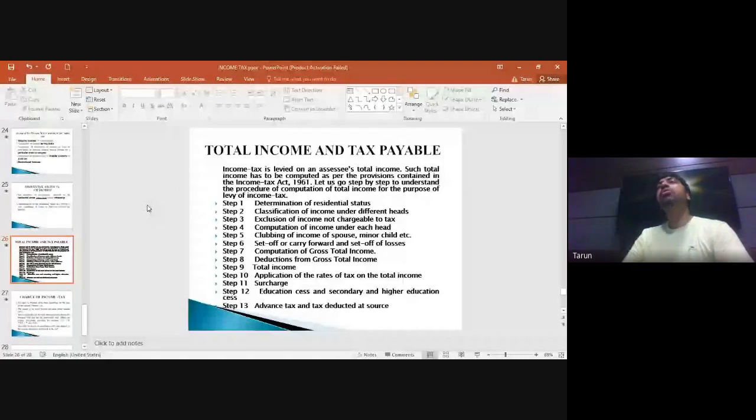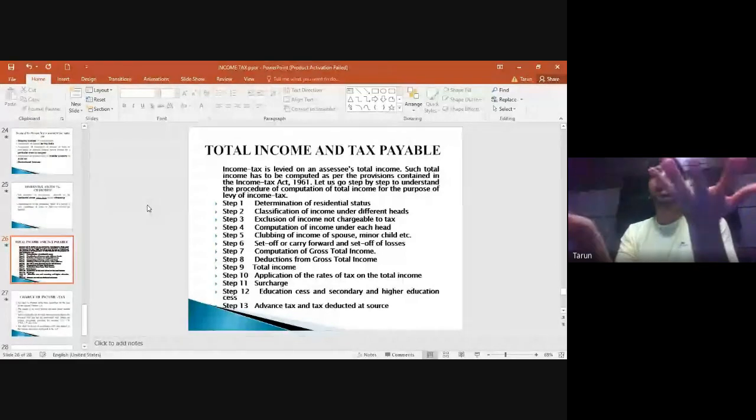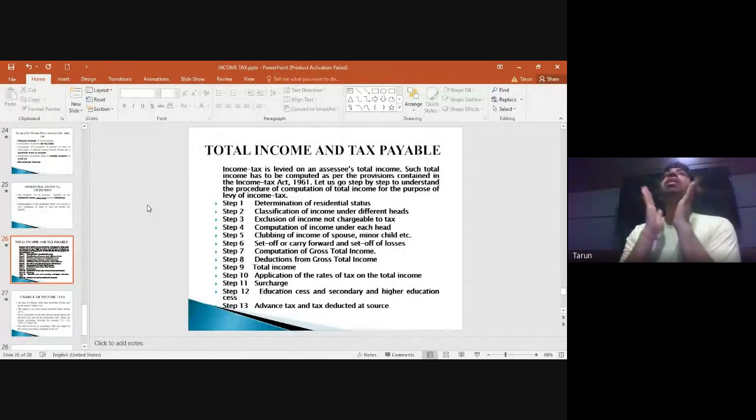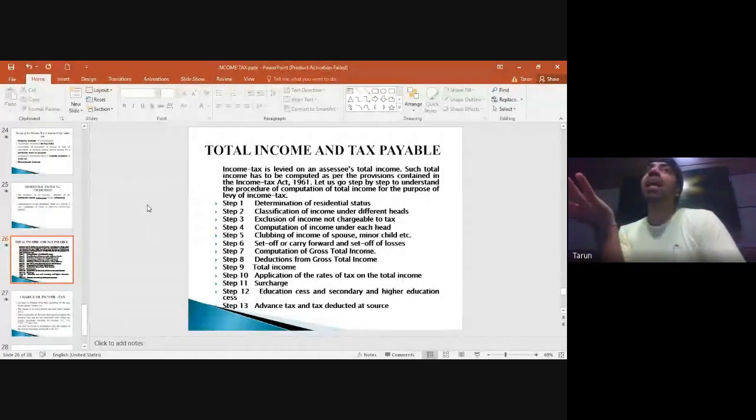Once you get to know the total income, then you will learn income tax slabs. Every country has its own income tax slab rates. If a person has an income below 5 lakhs, there is no tax. If a person has an income of 5 to 7.5 lakhs, 10% of his income is taxable.